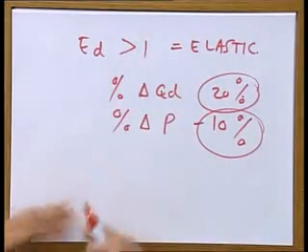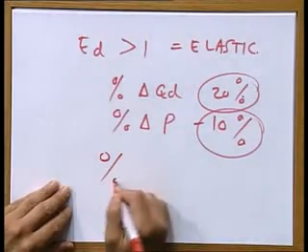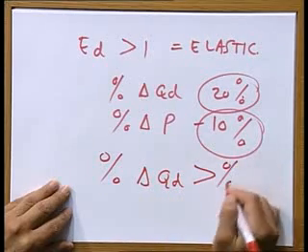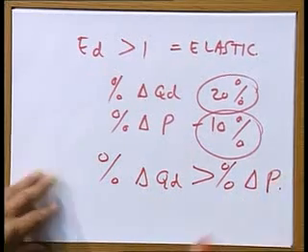So if ED is maybe equal to 5, or ED is equal to 6 or to 2, it must be greater than 1. Then we say it's elastic. Then the percentage change in the quantity demanded is bigger than the percentage change in the price. So this is the first type of elasticity that we have, right?